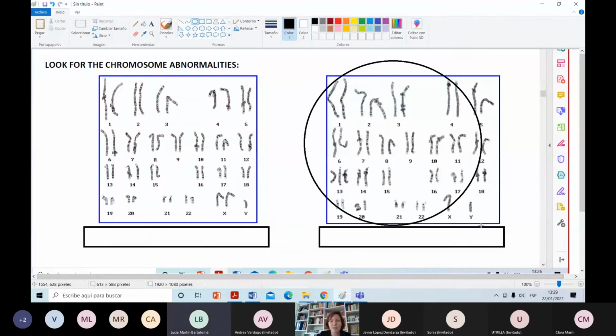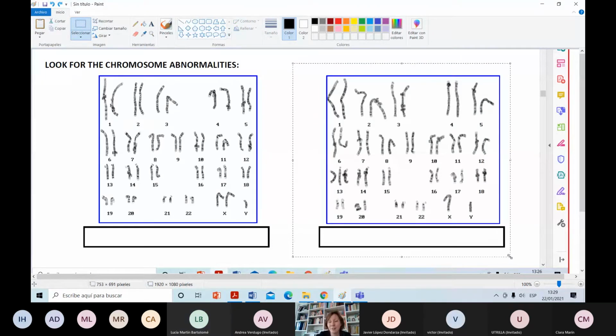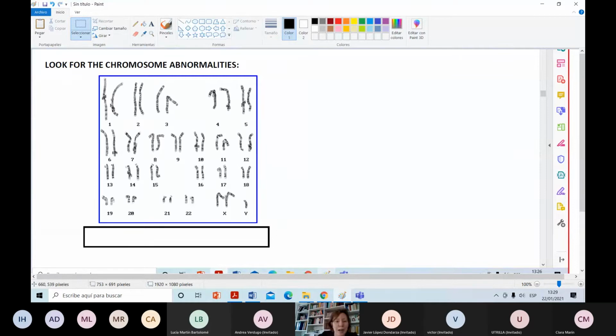There's not. Is it because of the 2X? Well, in fact, none of them would be a problem. Having 2x like this is not a problem. It means that you are a girl.